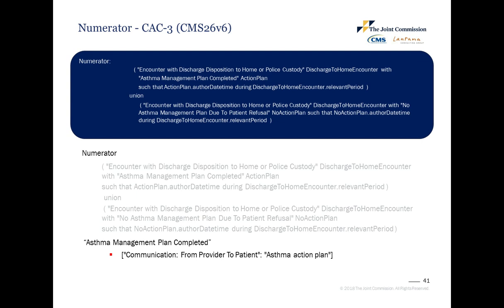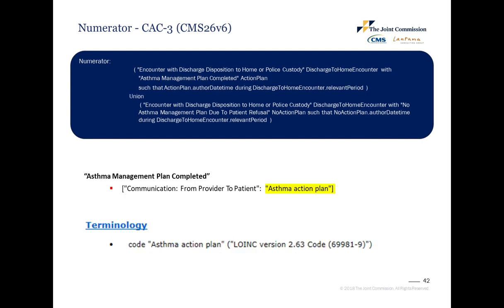The asthma management plan completed definition uses the communication from provider to patient data type. This data type represents the transmission, receipt, or acknowledgement of information from a provider to a patient. Asthma Action Plan, highlighted in yellow here, represents a single LOINC code, which translates to Asthma Action Plan.